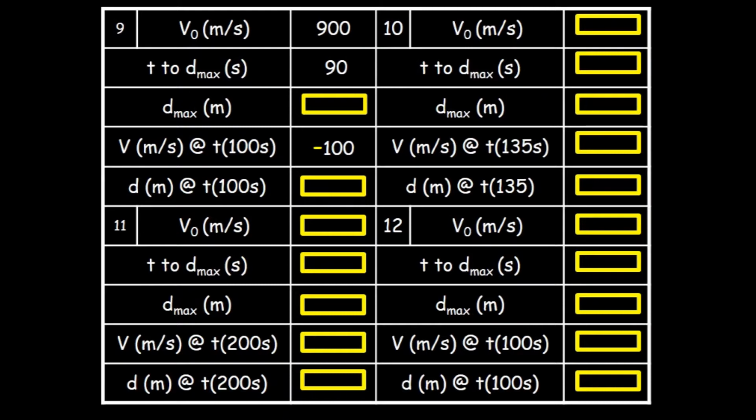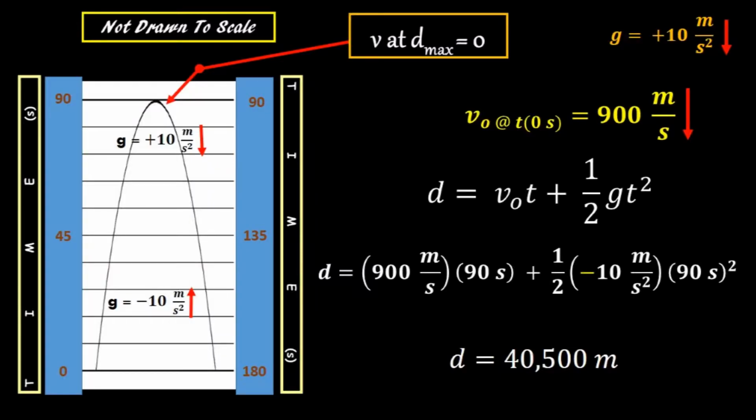And I did the former: 900 meters per second times 90 seconds plus 1/2 negative 10 times 90 squared. Or I could have simply said 1/2 positive 10 times 90 squared. You'd get the exact same answer. You may want to try that yourself and see if you do indeed get the same answer. It was 40,500 meters.